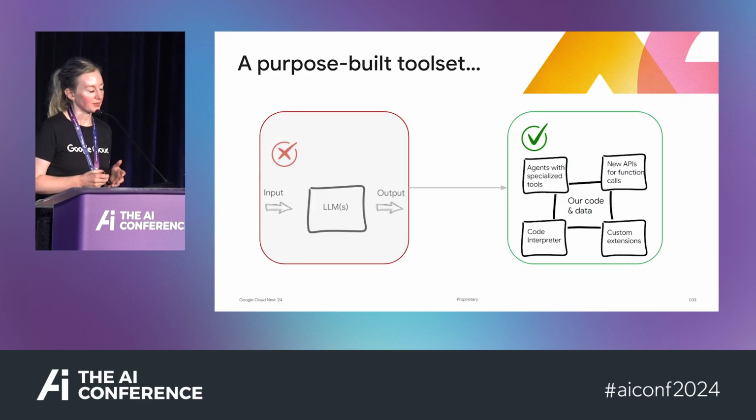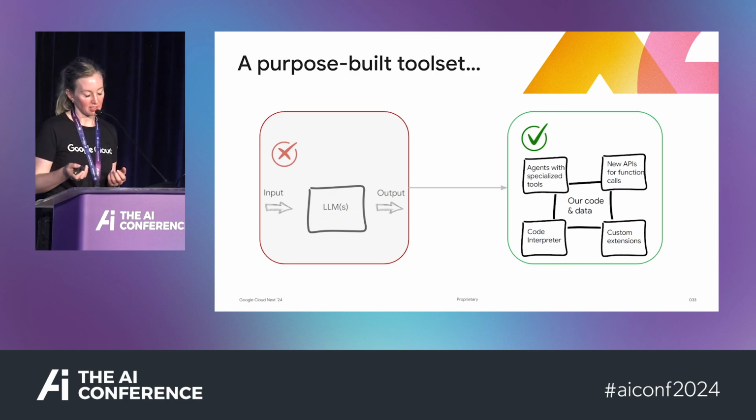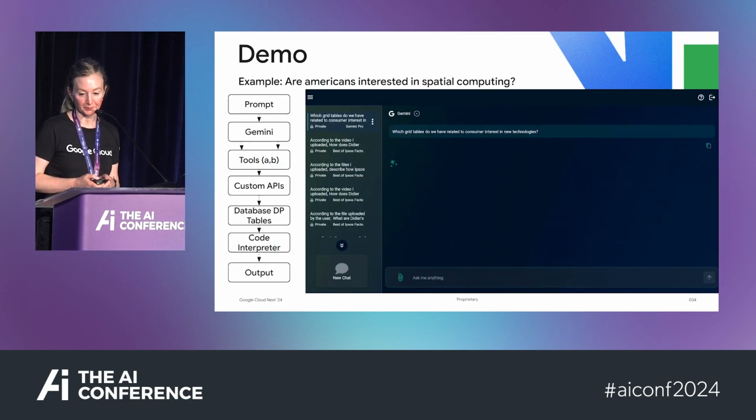So what they did was they took Gemini and created an agentic workflow using tools, using code interpreter, using function calling to essentially take the power of the model and extend it with their APIs, their databases, their sources of information, and tune the model as well with examples of their previous reporting. What they ended up building was this custom chatbot that you see here. This is just for their employees.